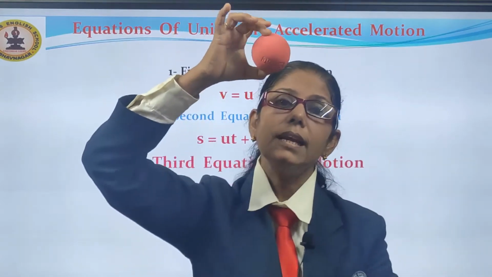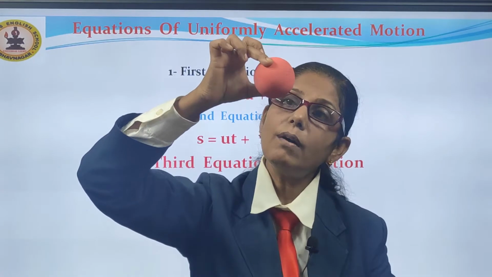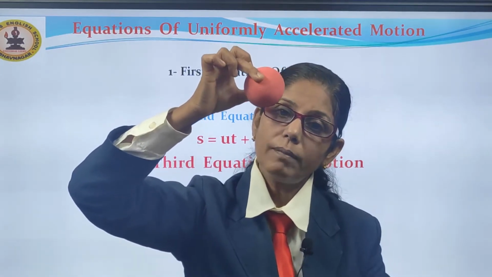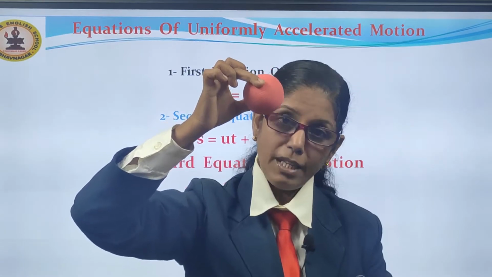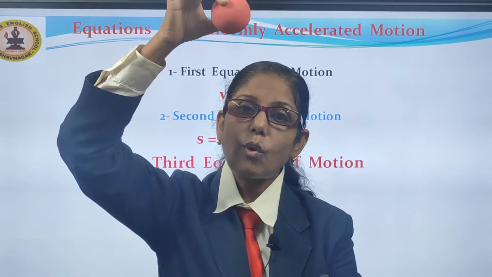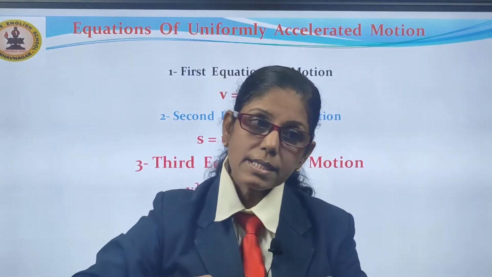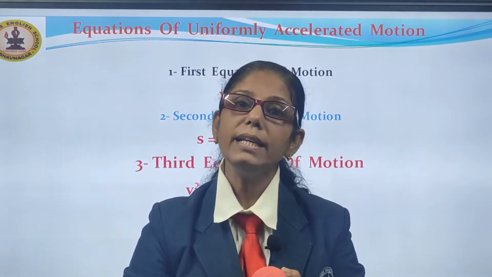Now, you just listen. See, I have kept the ball in my hand. What is the velocity of this ball? It is in my hand. So, what is the velocity of this ball? Initial velocity of the ball is 0. Now, I am slowly throwing it down. So, what happens? Its velocity slowly increases.